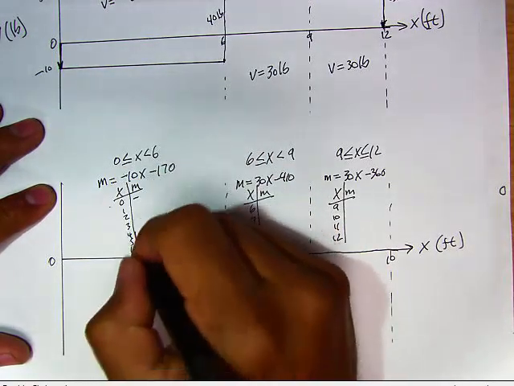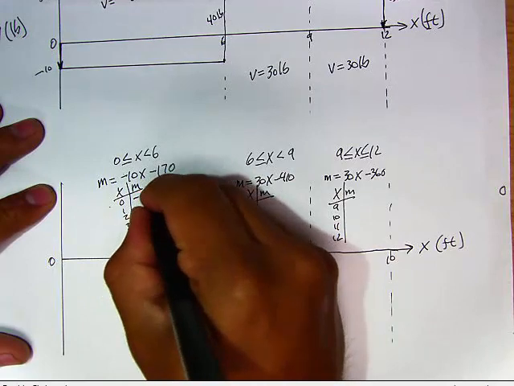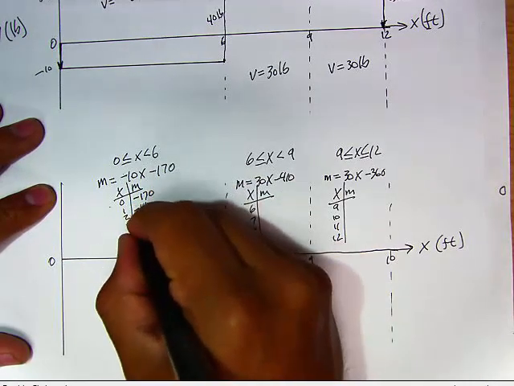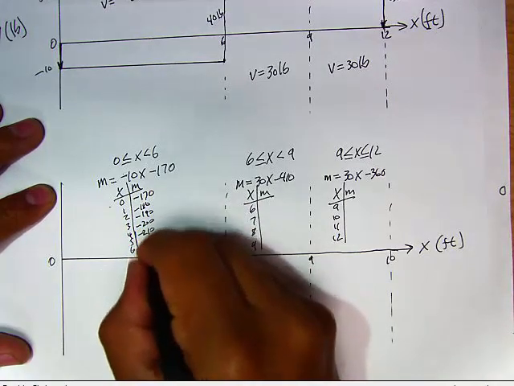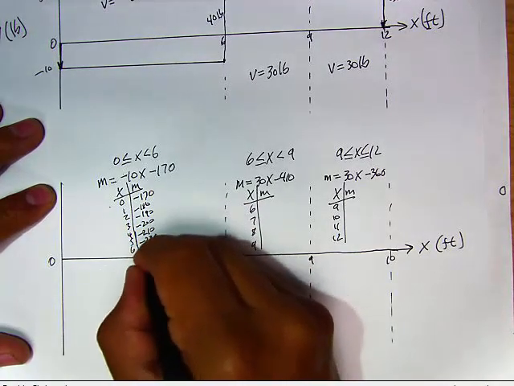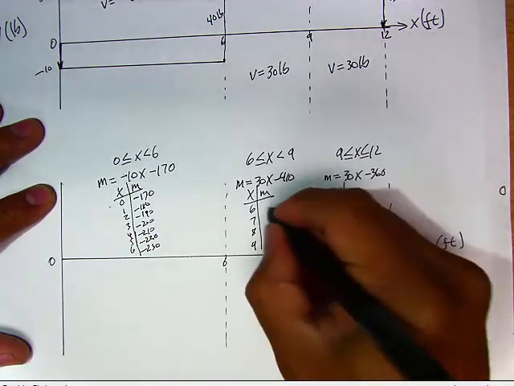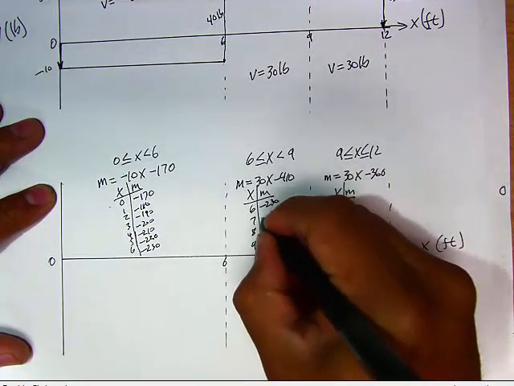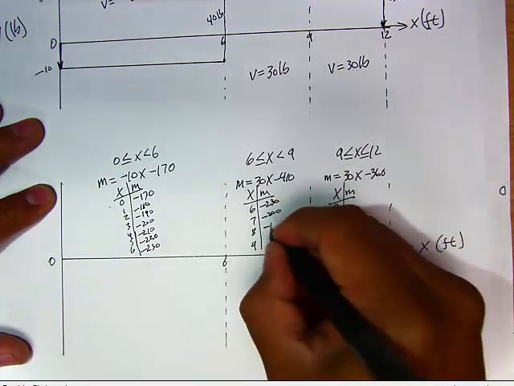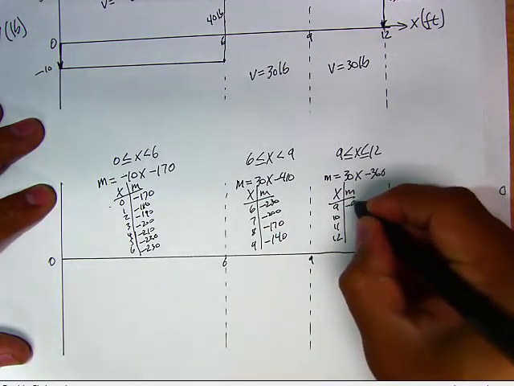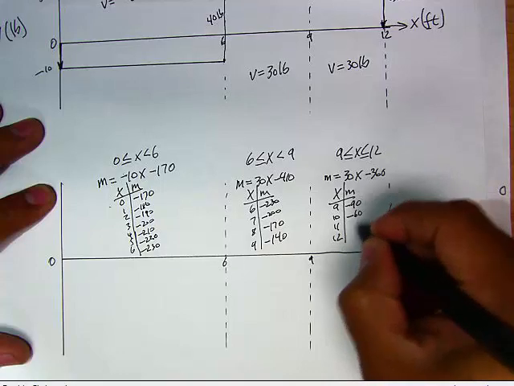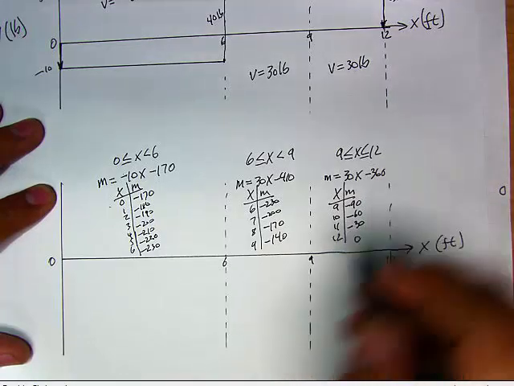Once you plug those into that equation, this is negative 170, negative 180, 190, 200, 210, 220, and 230. This guy over here is negative 230, negative 200, negative 170, negative 140. And last one is negative 90, negative 60, negative 30, and 0.